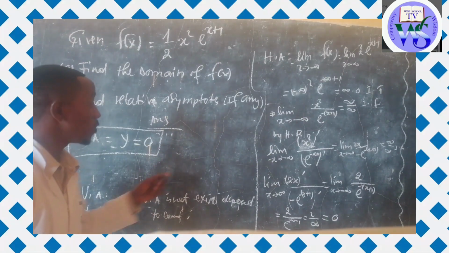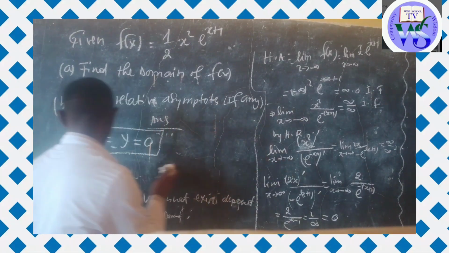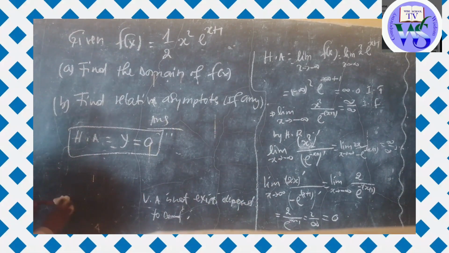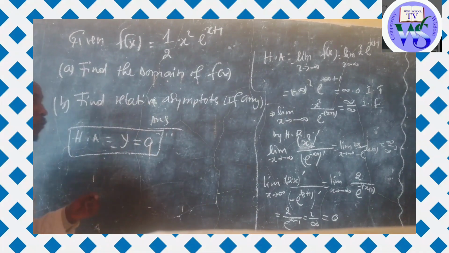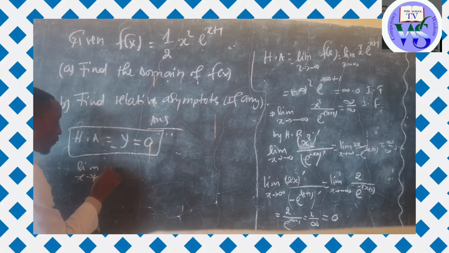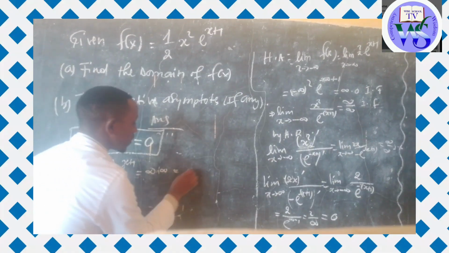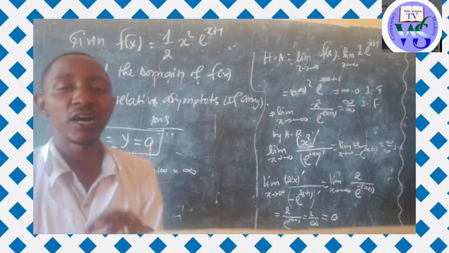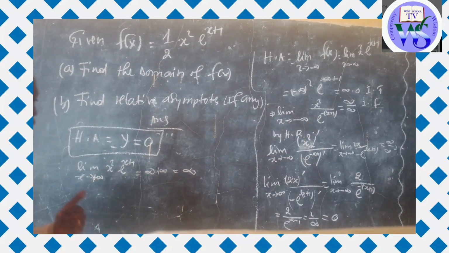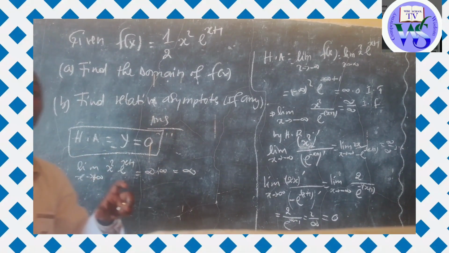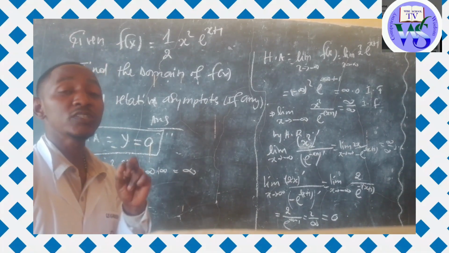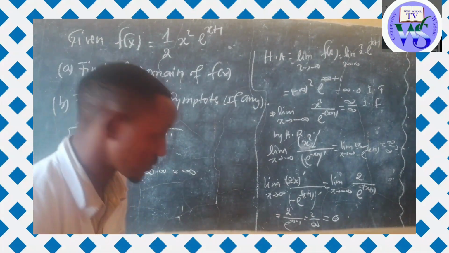We can also use plus infinity. When you use plus infinity, we get the limit of x tends to plus infinity of x squared e power x plus 1, which is infinity times infinity, equal to infinity. There is no other horizontal asymptote. Because the horizontal asymptote exists, it is impossible to get an oblique asymptote.